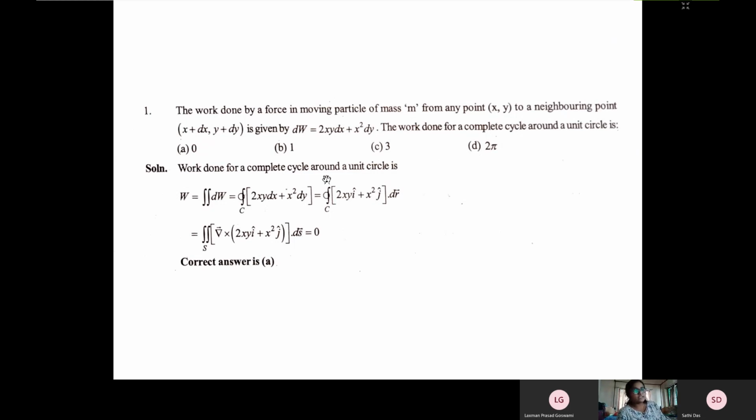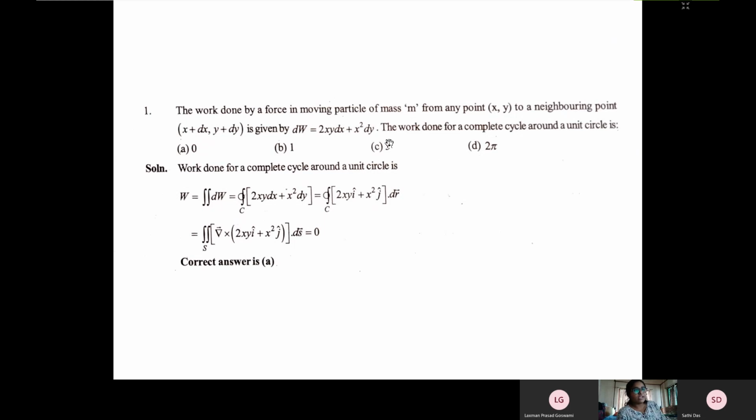So here the work done for a complete cycle around a unit circle is the integration over dw, that is the closed integral over 2xy dx plus x square dy, or you can write it as 2xy i cap plus x square j cap dot dr, or you can convert it to curl of 2xy i cap plus x square j cap dot ds, and curl of 2xy i cap plus x square j cap is 0.